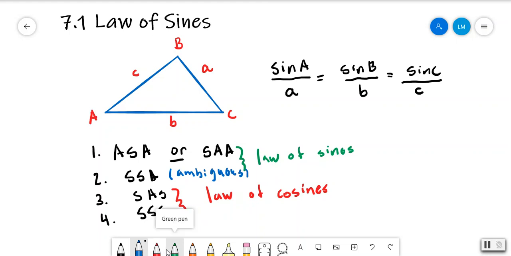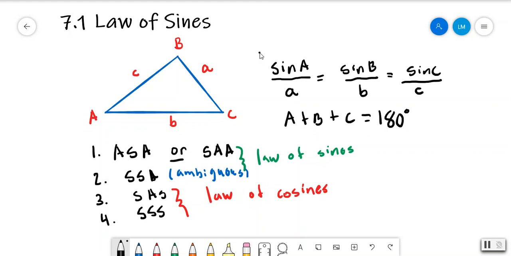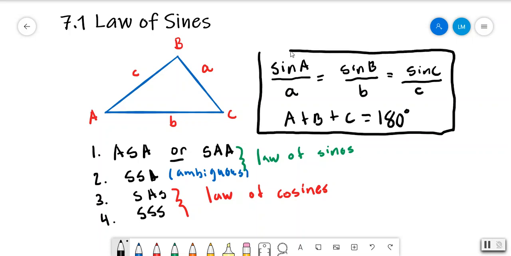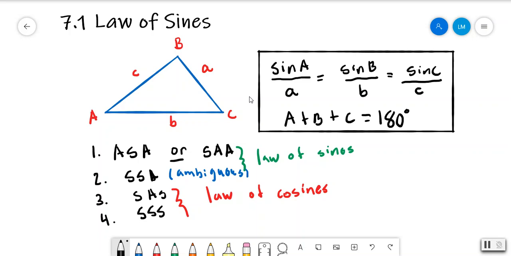Another condition is that A plus B plus C equals 180 degrees. That's pretty standard for a triangle. Otherwise, if it doesn't equal 180, or if it's more than 180, then it's not really a triangle. Most likely it's not enclosed.